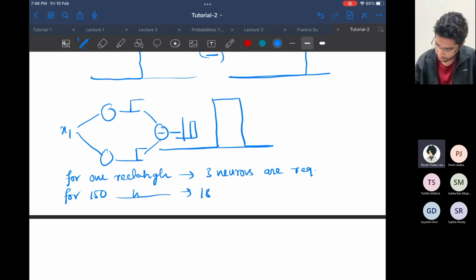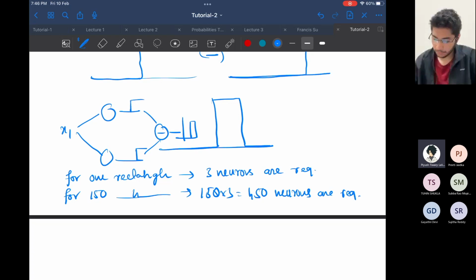So 150 times 3, which is equal to 450 neurons are required. Many people forget this subtraction neuron. Maybe because of this, some people might not be able to reach the correct answer.